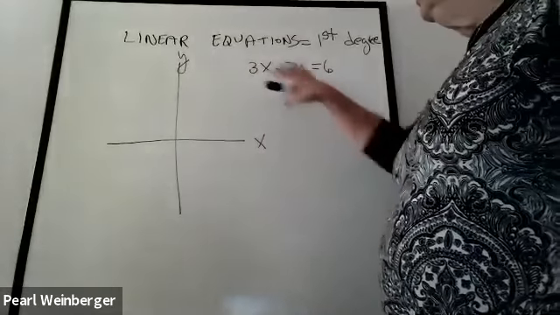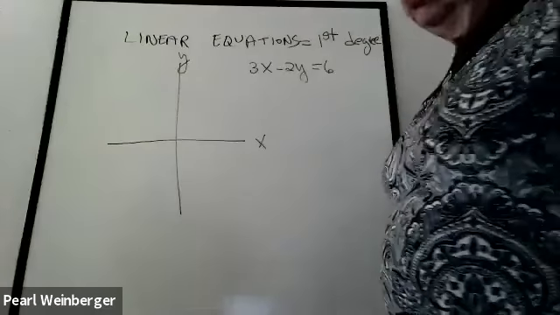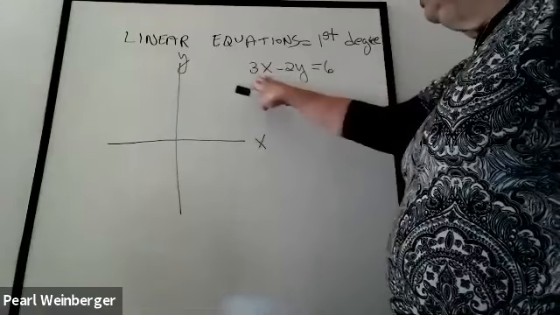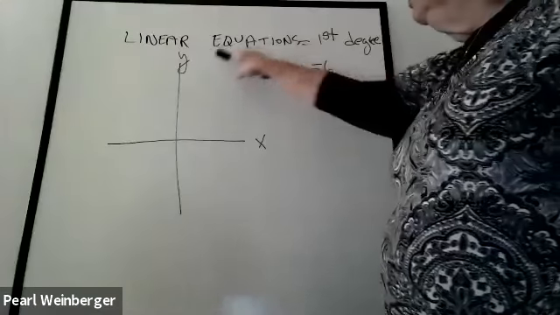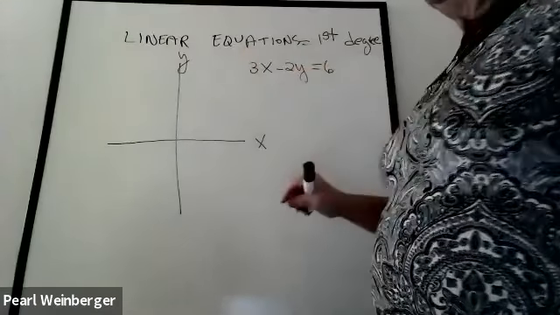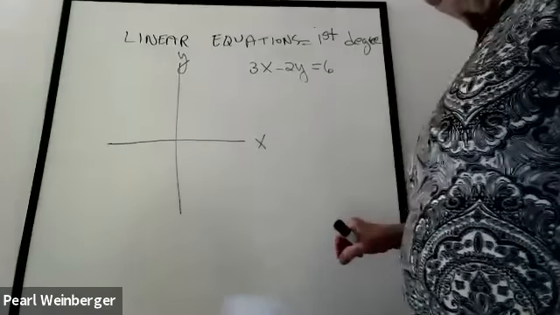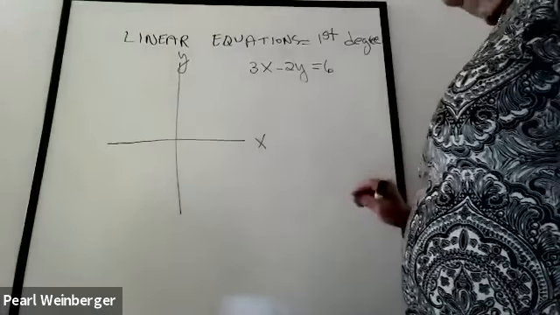All it means is you don't have any exponents on your variables. Now, how can I draw the picture of the line that this represents? So what we have to do is one of two methods.